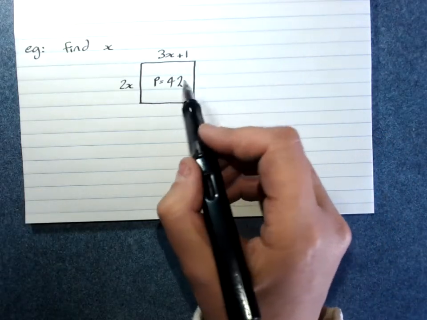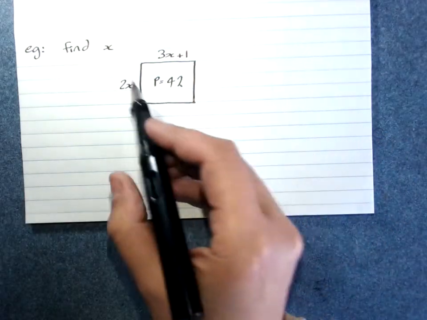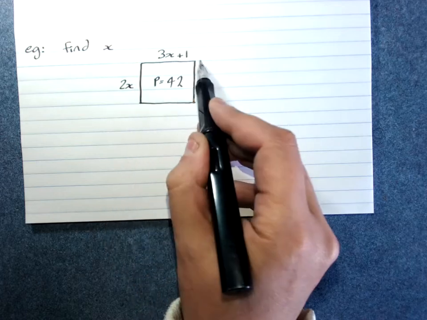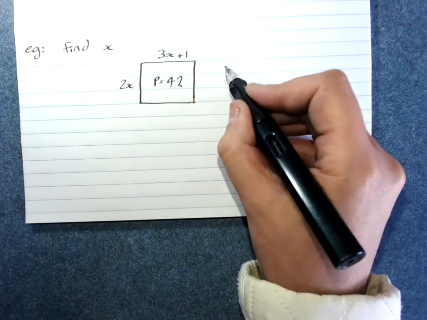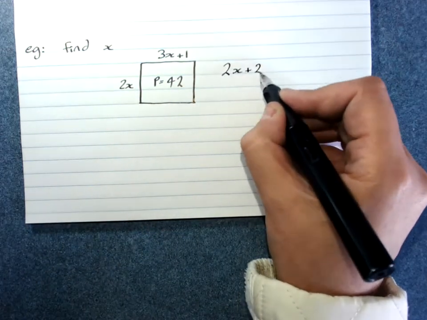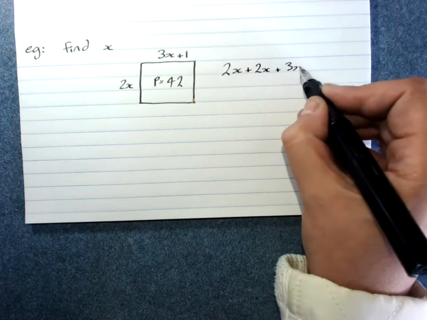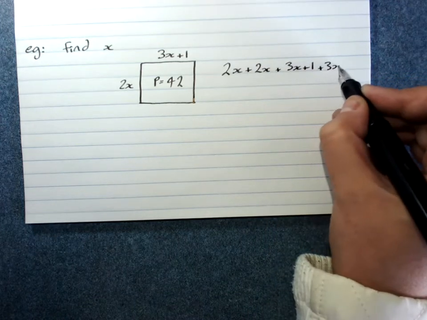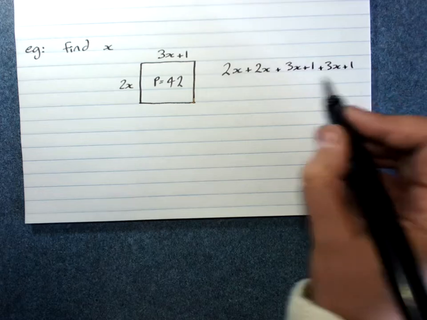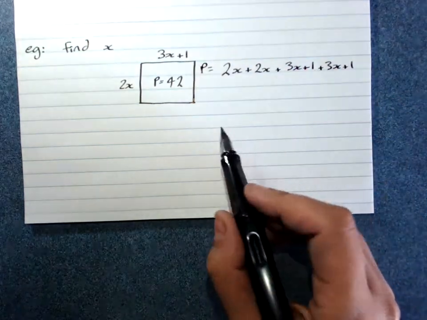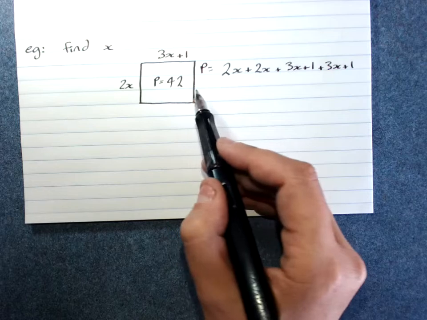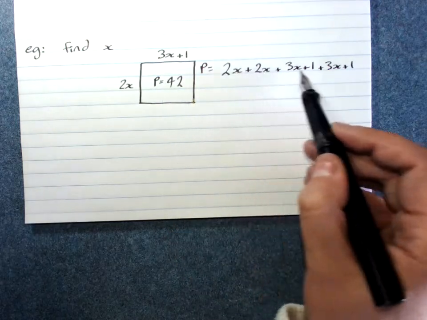And so you've got to work out, well, what did they do to get the perimeter? They did 2 lots of this side and 2 lots of this side. So they would have done 2x plus 2x plus 3x plus 1 plus 3x plus 1 for the perimeter. And that would have got them 42. So you can see there's only one unknown, it's x.